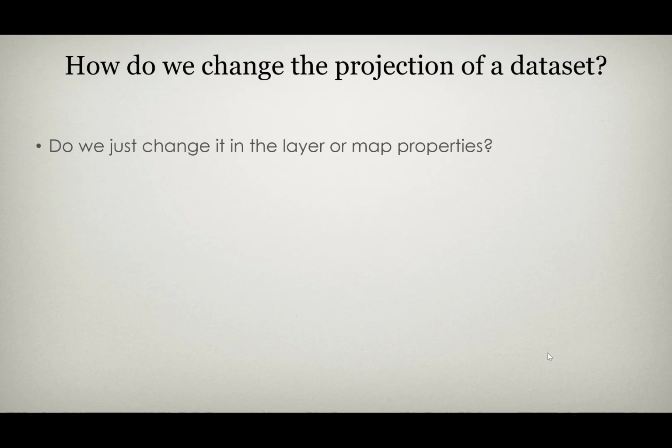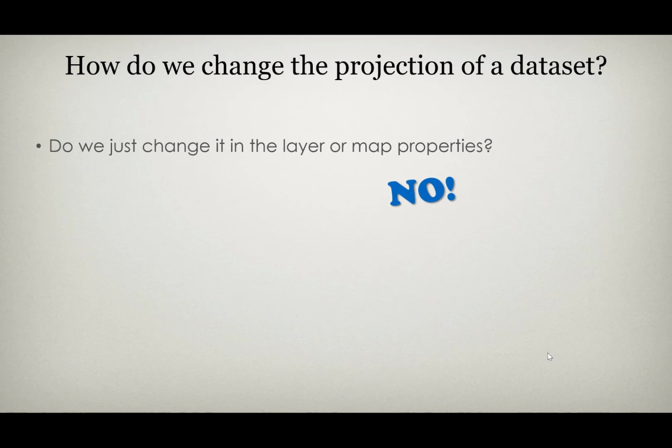After you clip your data, you may realize that the projection is not right, and you need to fix the projection. There are a couple of ways to do this. One is that you can just change the properties of the map. You can make the layers in your map draw like they're in a different projection. We call this project on the fly, and that's not really changing the projection of a data set.